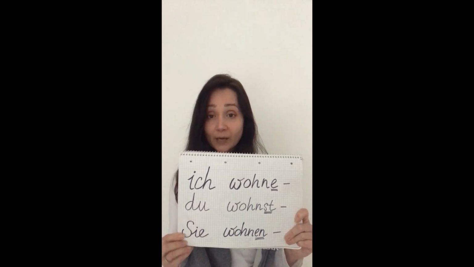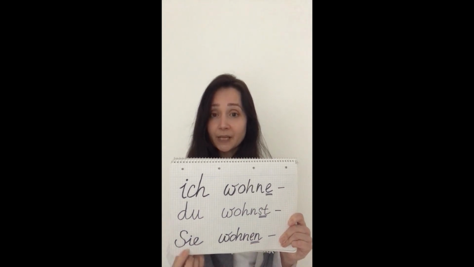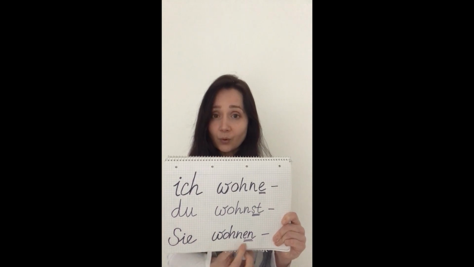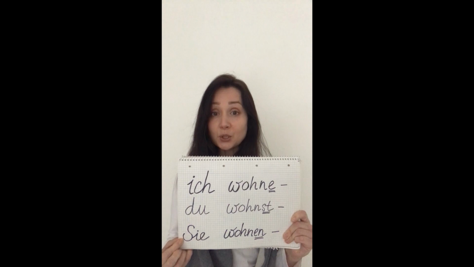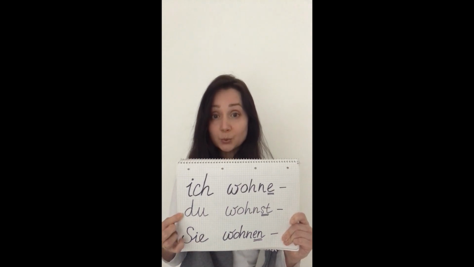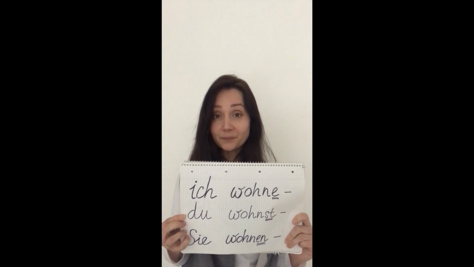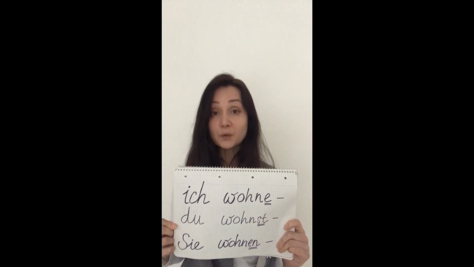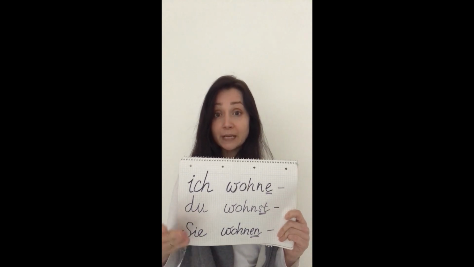And the final one is Sie wohnen. Sie wohnen. Sie means you. And du means you. But what's the difference? Formal speech, if you don't know the person and you want to ask a question, where do you live?